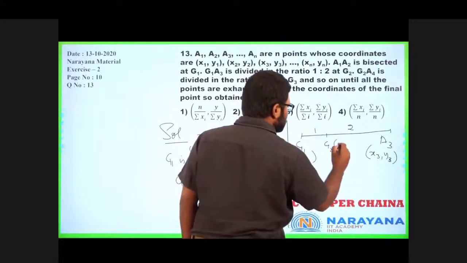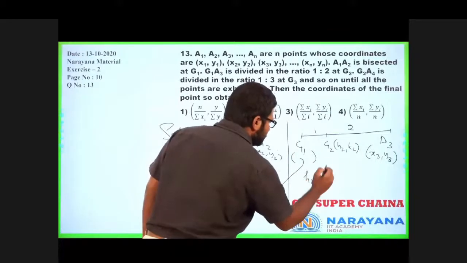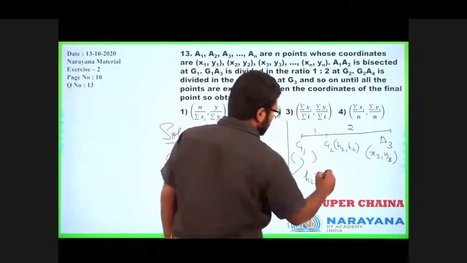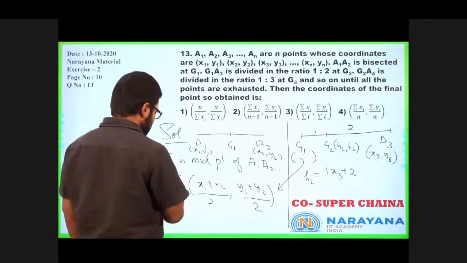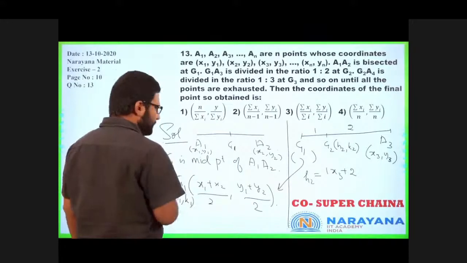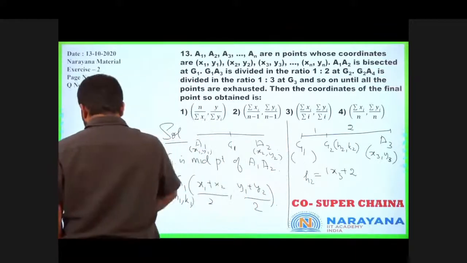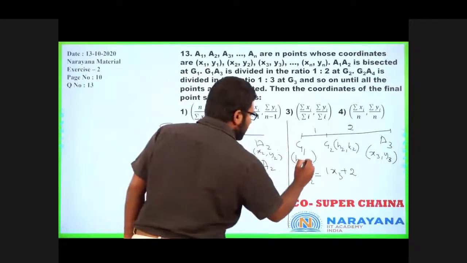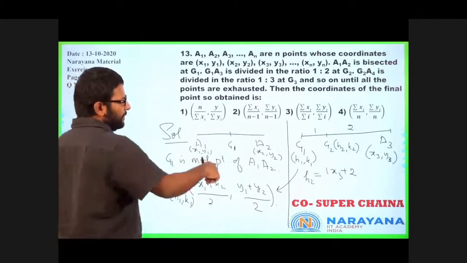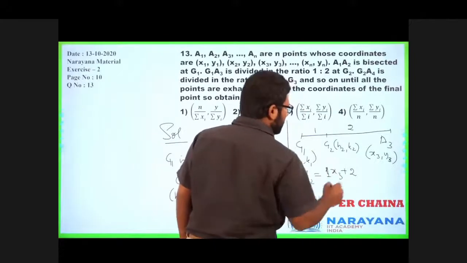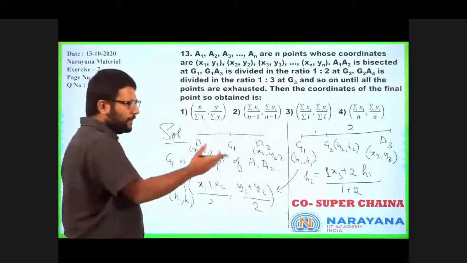So G2, let us call it H2, K2, right? Let us call G1 as H1, K1, and H1, K1 are given by this expression. So H2 would be 1 into x3 plus 2 into H1 upon 1 plus 2. Correct? Just applying the section formula.